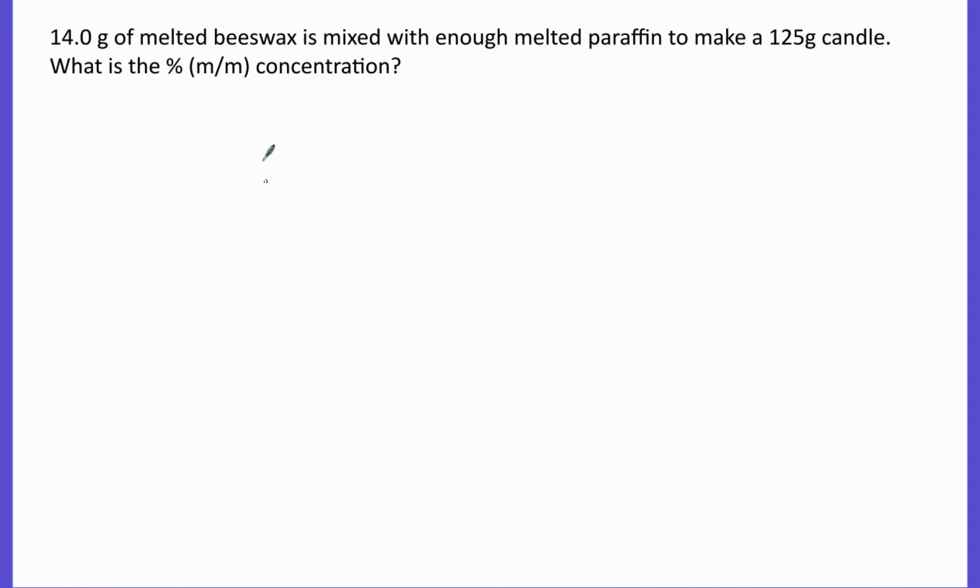So if I had 14 grams of beeswax mixed with enough paraffin to make a 125 gram candle, all I need to do to come up with a concentration here is take the mass of my solute, which is whichever mass is smaller. In this case, 14 is way smaller than 125. But remember, the paraffin was actually 111 grams in that context because the total mass of the candle is 125, right?